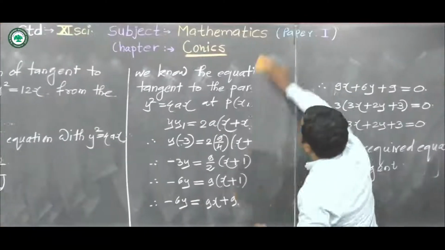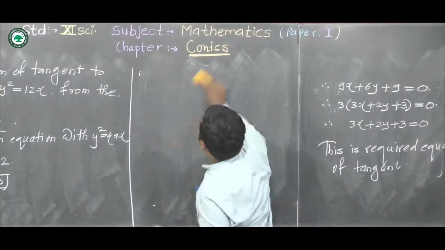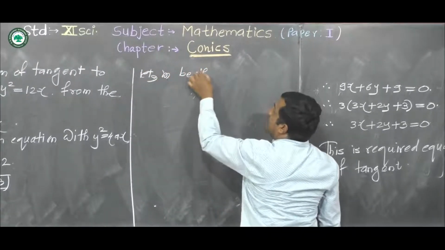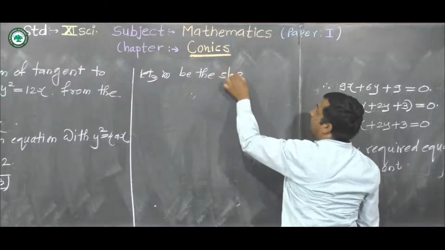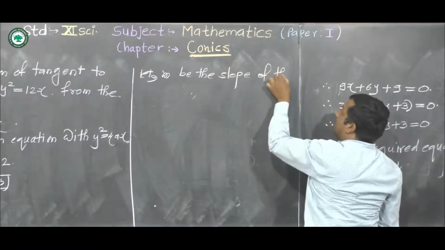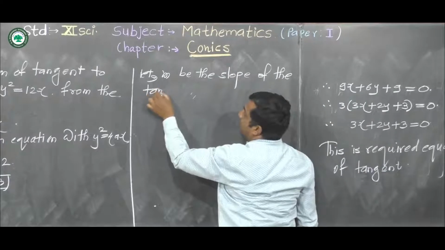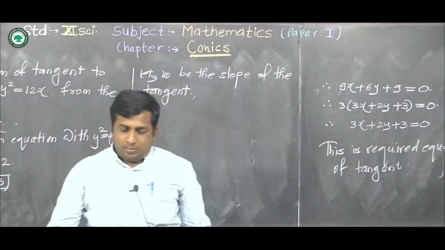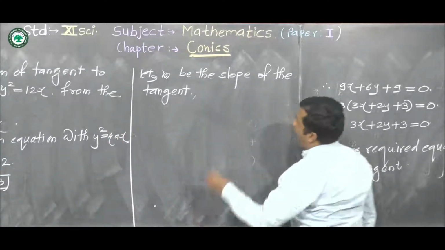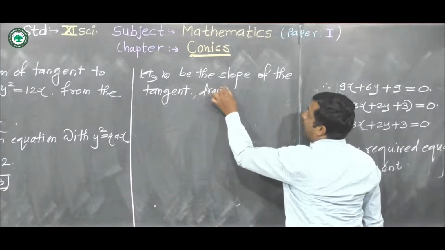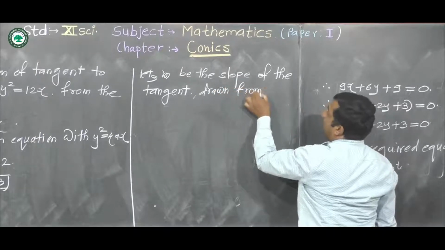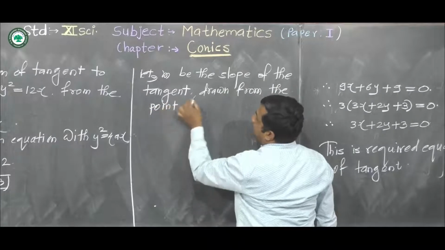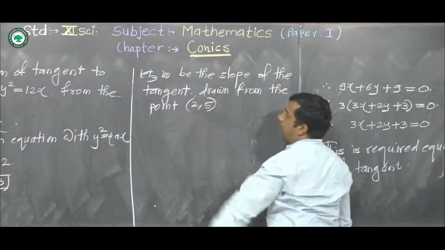Okay, so here I write, let m be the slope of the tangent drawn from the point (2, 5).